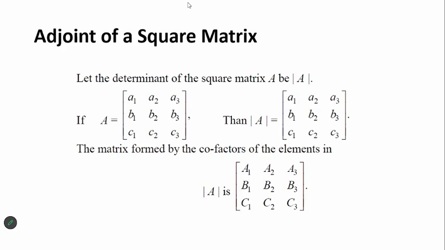Or else, how do you convert the cofactor matrix to adjoint? Anyone? Right. So, it is the transpose of the cofactor elements. Yes.